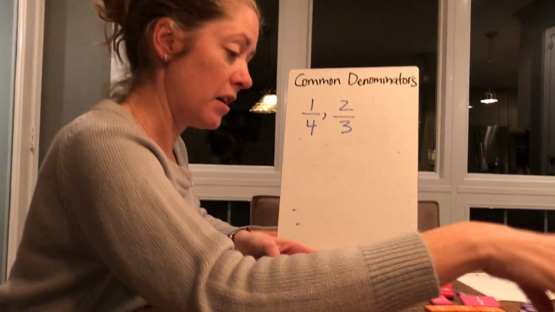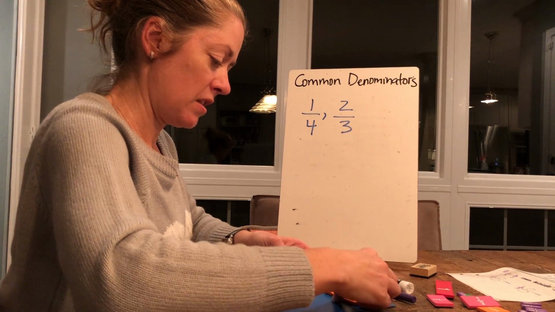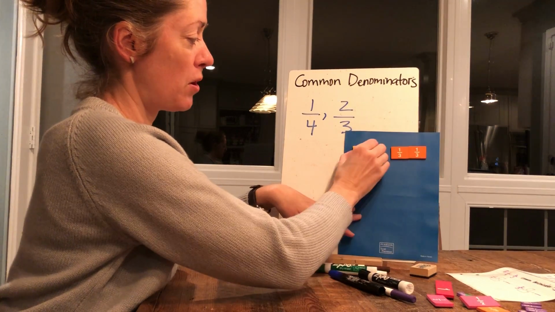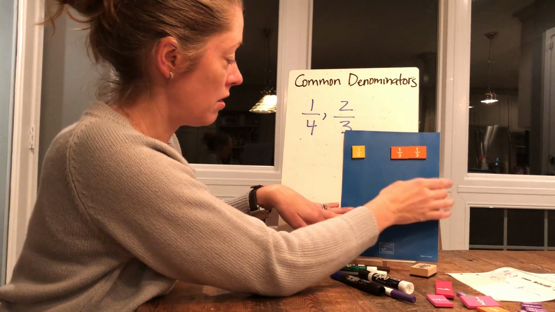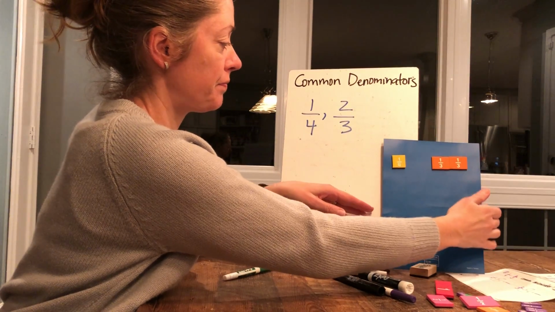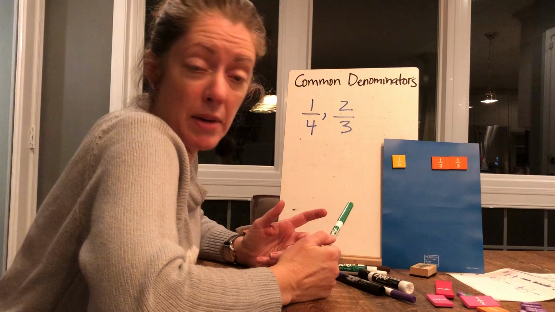Remember, we have the 1/4 and 2/3, right? We want to make them all have the same size piece, which is also known as finding a common denominator. We could do it by using the magic 1 too.